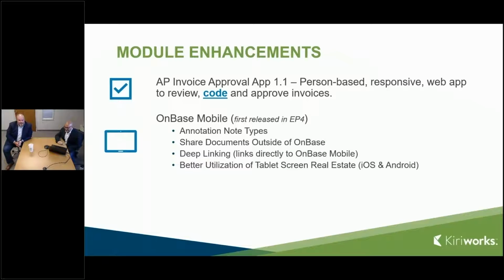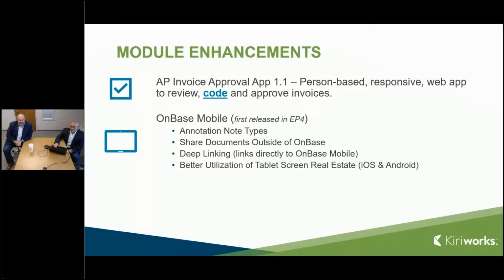OnBase Mobile, the new version of which came out in EP4. They're trying to make it in parity with the legacy OnBase Mobile. So annotations came out, and the ability to share documents outside of OnBase, like you have in a lot of your other mobile apps, that little button that you click for sharing and it floats up with all the different sharing tools.